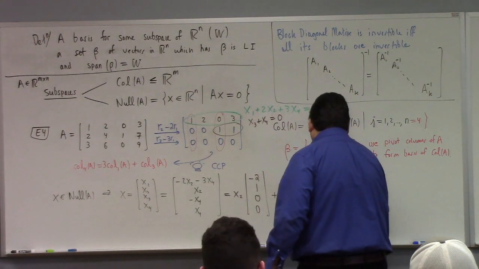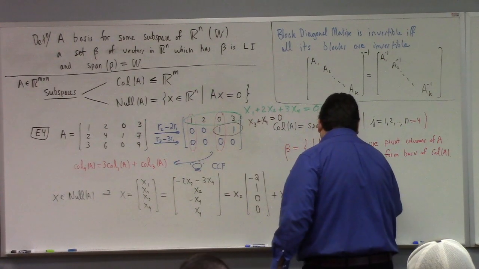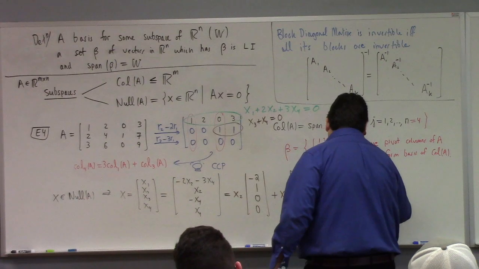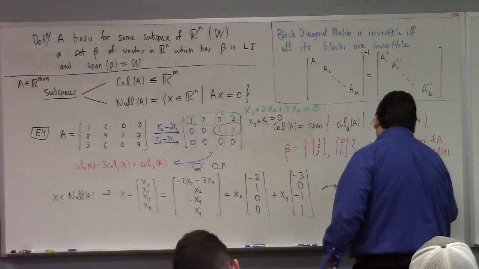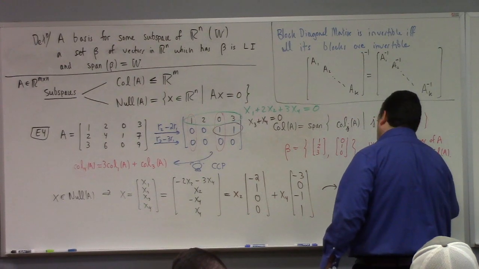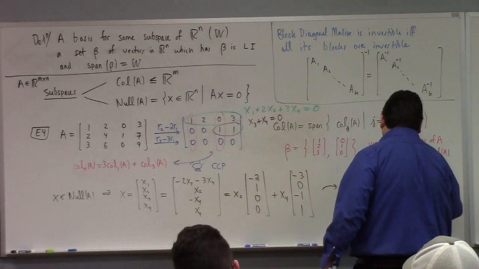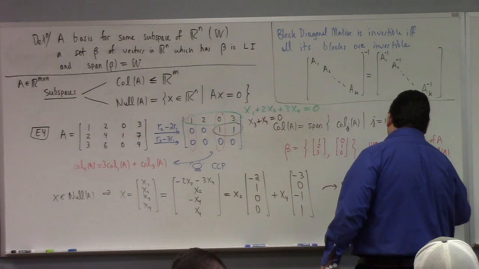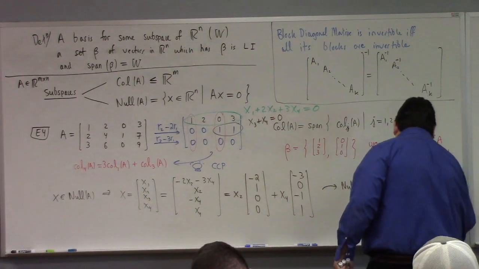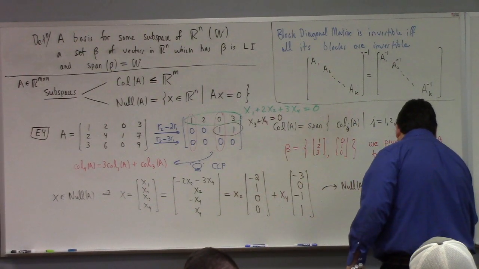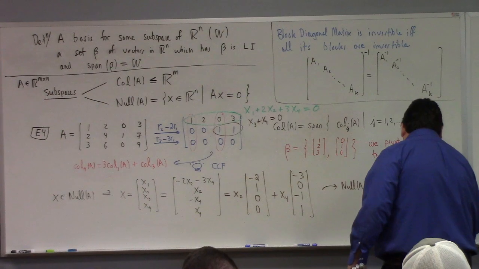So what this shows me is that the null space of A is the span of these two four-dimensional vectors, namely minus 2, 1, 0, 0, and minus 3, 0, minus 1, 1. So this is a basis for the null space here.